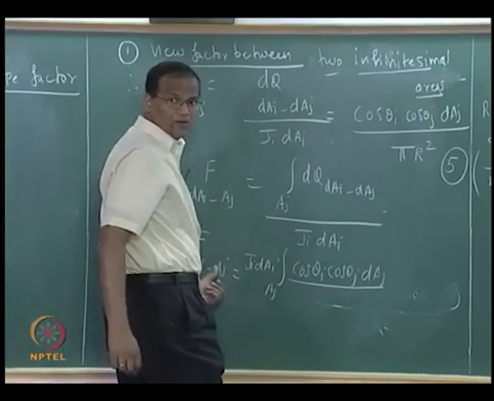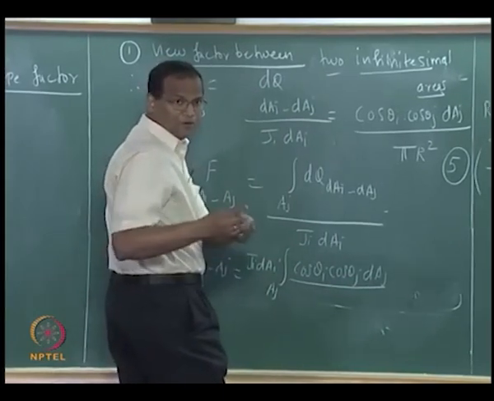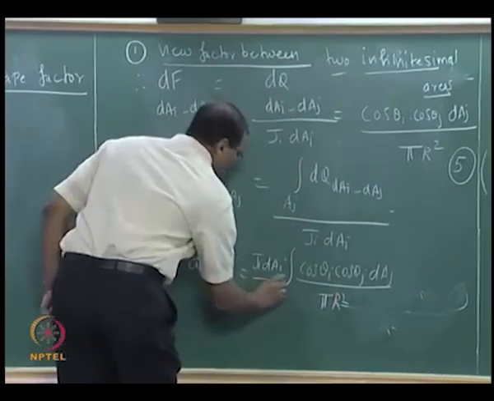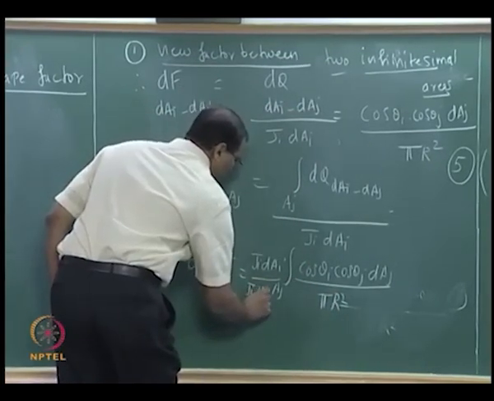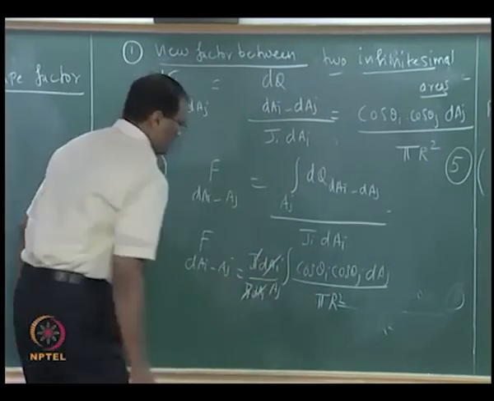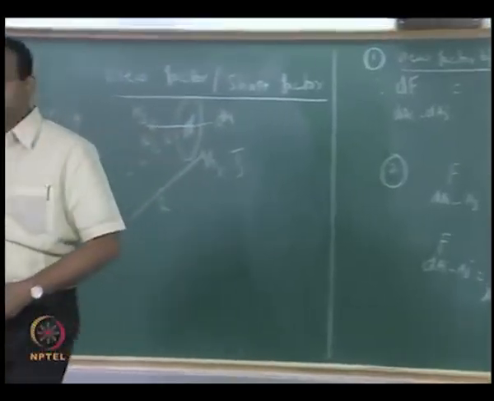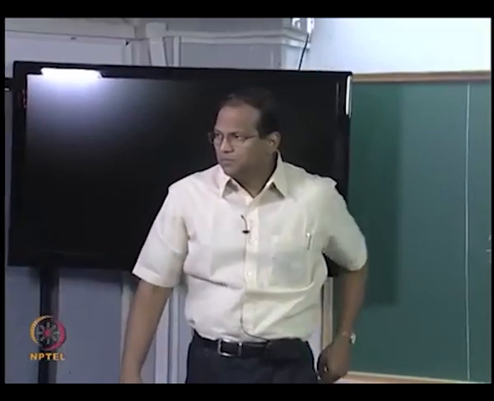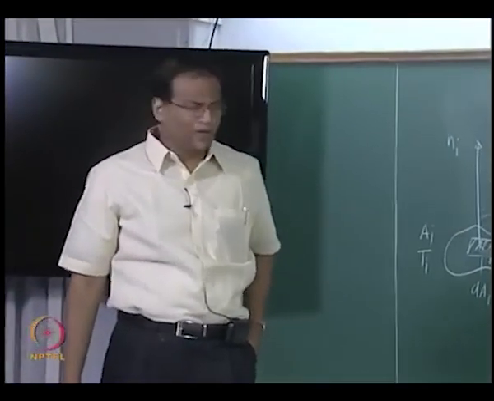I cannot take r out, r will vary between two infinitesimal areas, right. Pi, if you want, you can put it inside. I hope I have not made any mistake, is that correct? Any problem? Fine.